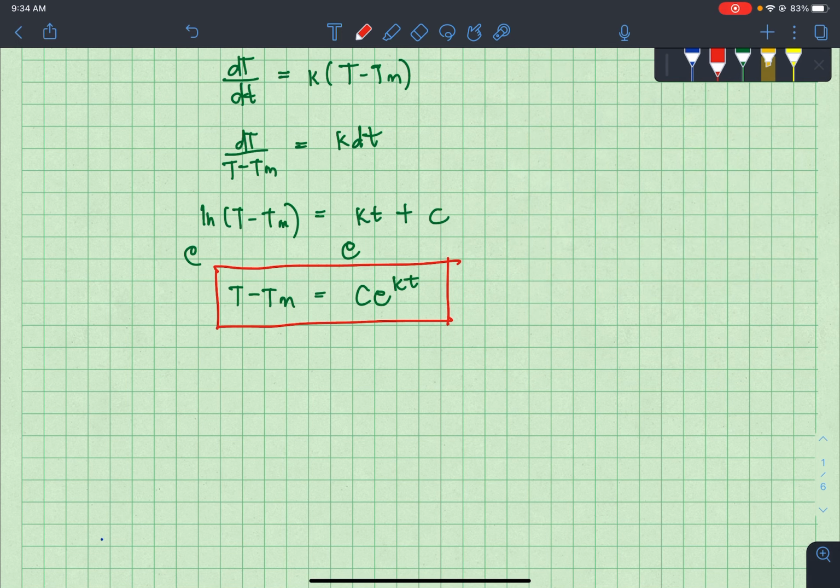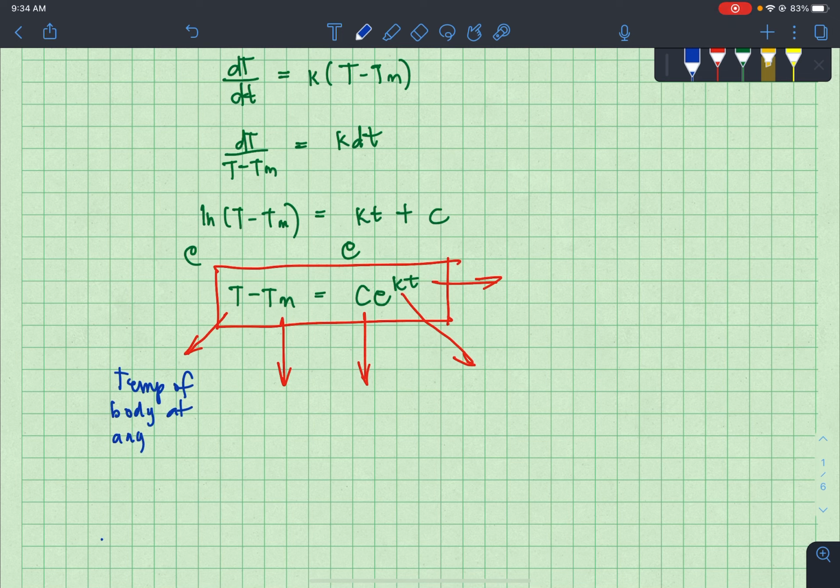Remember that we have different values here. T is the temperature of the body at any time. T sub m is the temperature of the environment.